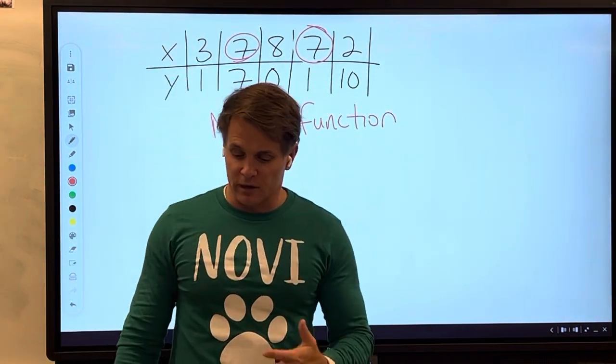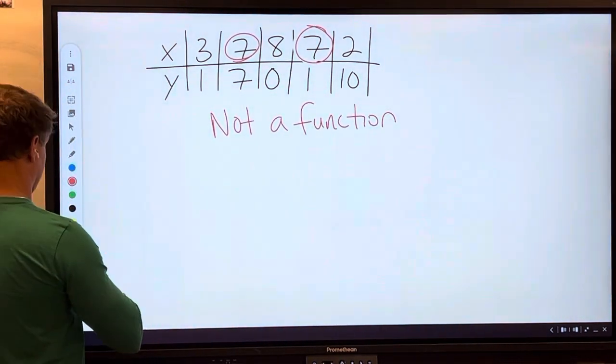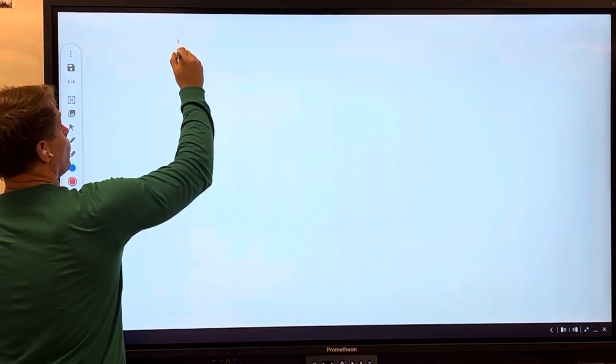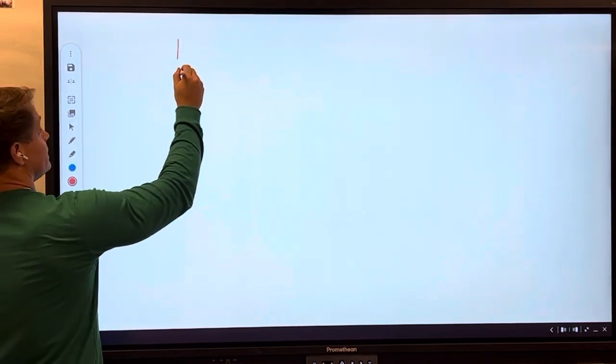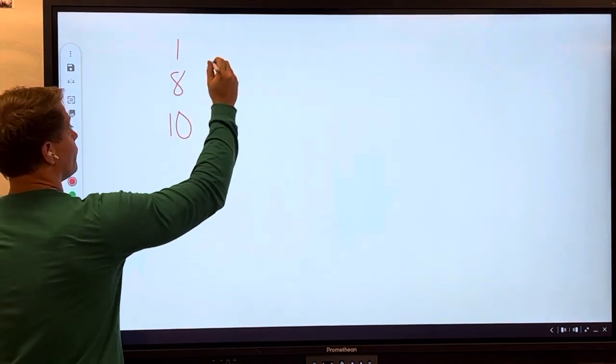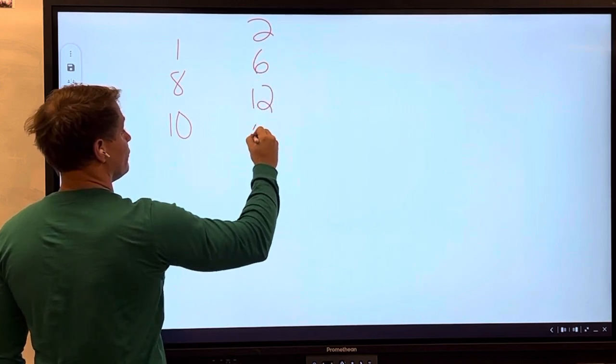Now to give you another example, let's say I have something that looks like this. I have a data set that says I got a 1, an 8, and a 10, and then I have the numbers 2, 6, 12, and 4.